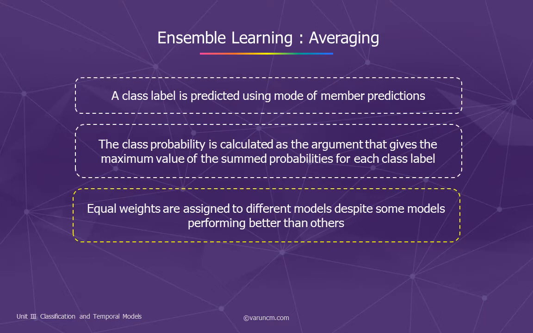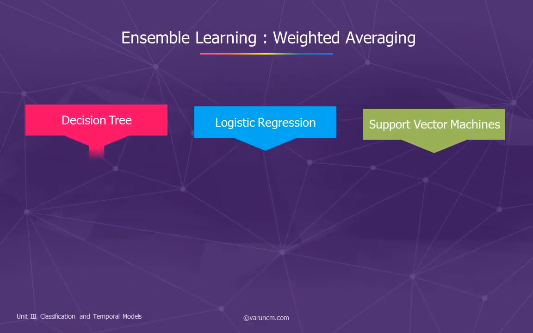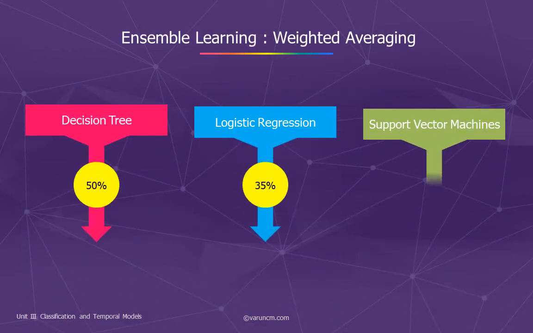We can move to the next method, that is weighted averaging. Here you are going to put some weight on each model. In this example you could see the same three different machine learning models I have used here: the decision tree, the logistic regression, and the support vector machine, and I am giving weightage to each of the models.